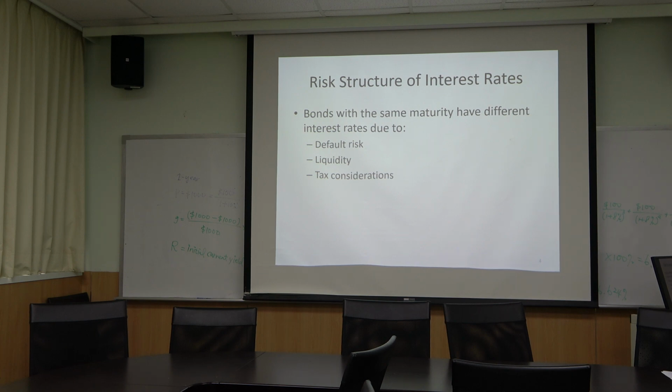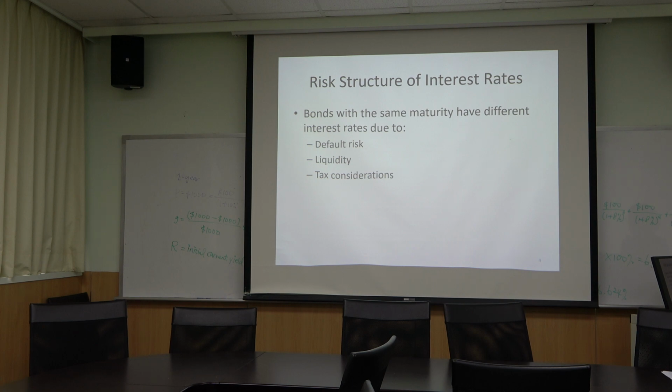So when we say default, it means that by the maturity date or in any year, the issuers do not provide the investors the coupon interest or the face value, then we call that default. So if we compare the U.S. government bond and corporate bond, which bond do you think has a higher default risk?